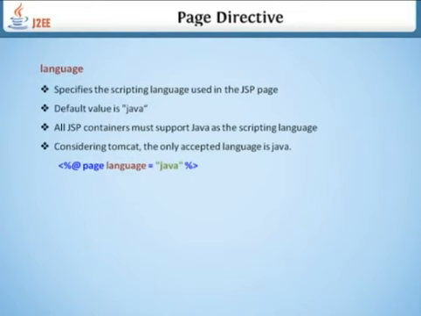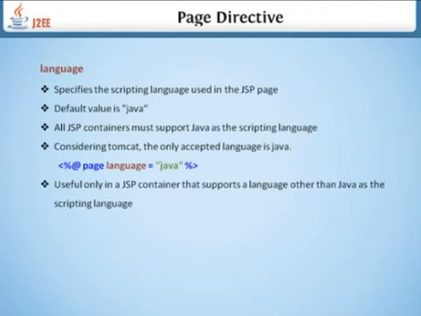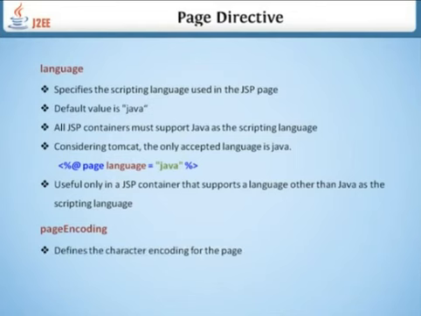It is useful only in JSP containers that support languages other than Java as the scripting language. Page encoding defines the character encoding for the page. The default value is ISO-8859-1.